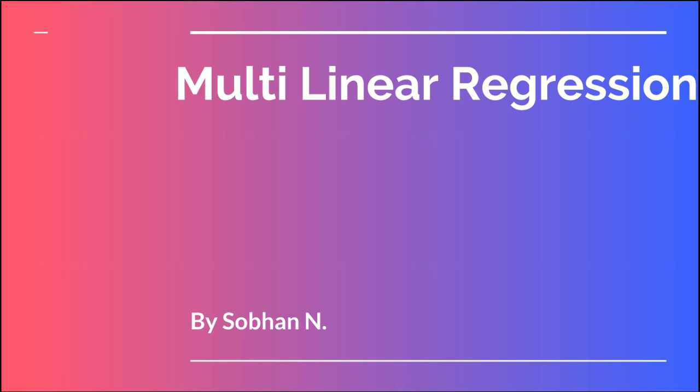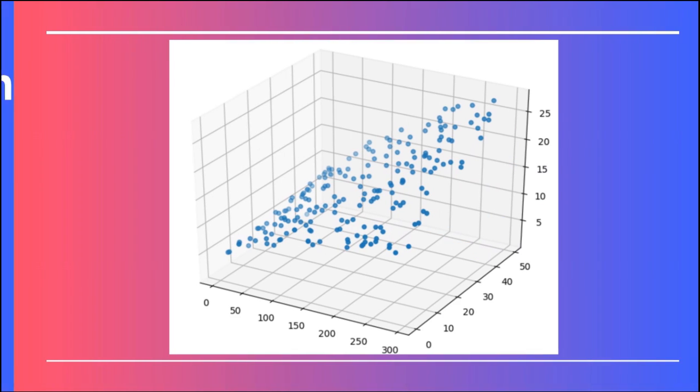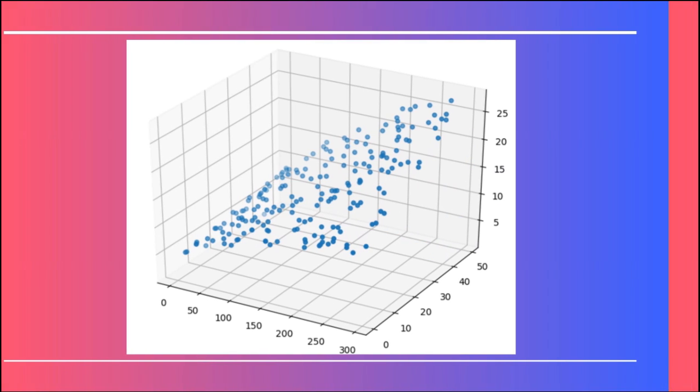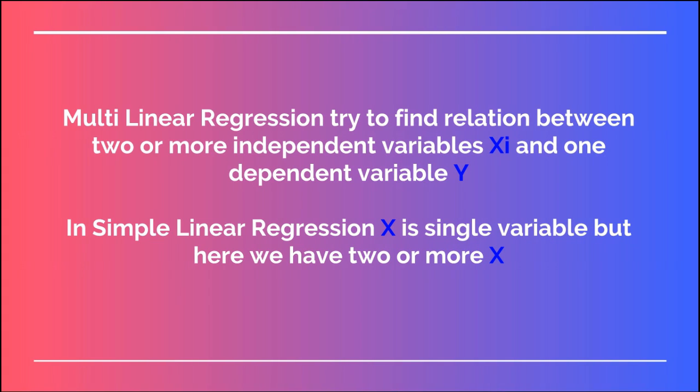In this lecture, we want to discuss the theory behind the multilinear regression. Multilinear regression tries to find a relation between two or more independent variables x_i and one dependent variable y.